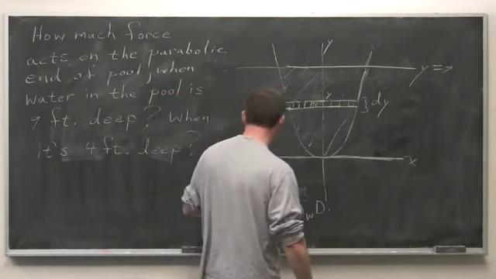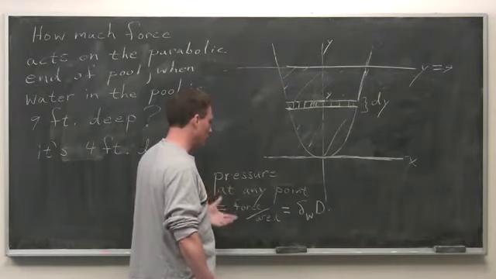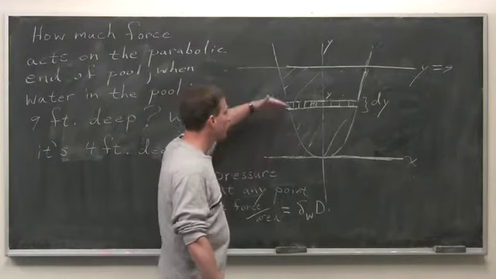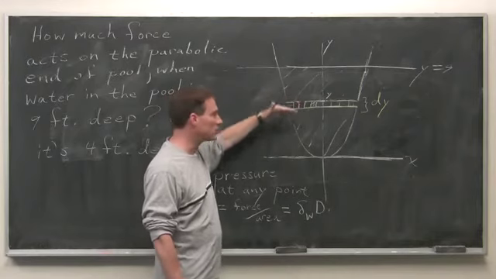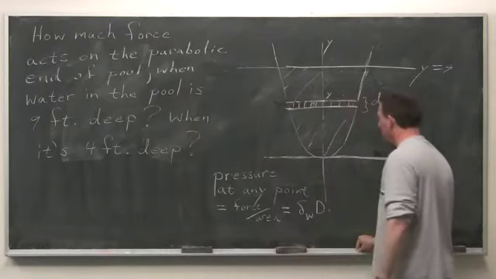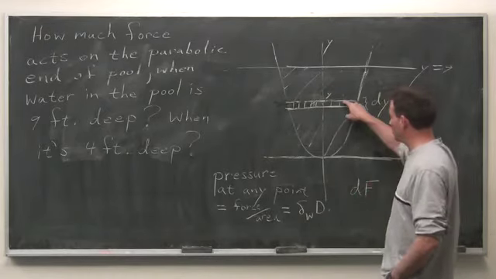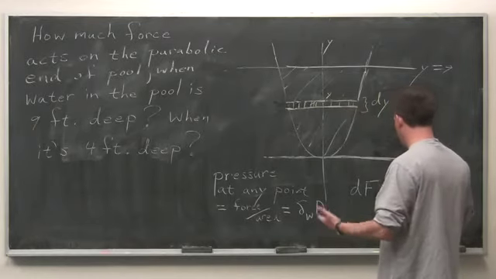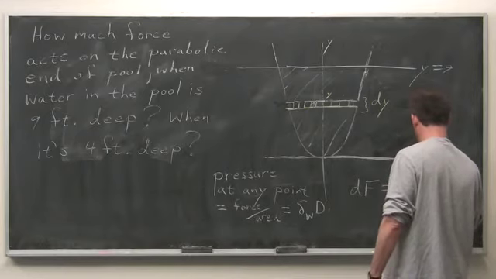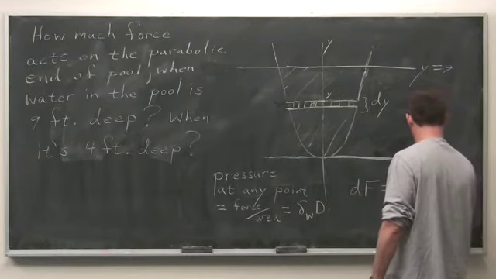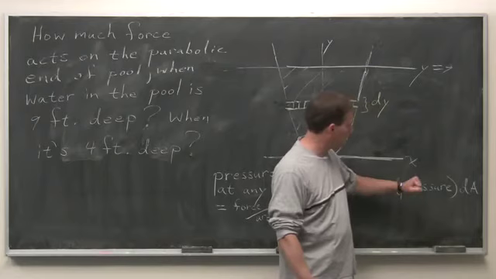So what do you get then? We're going to take the pressure, multiply times the infinitesimal area, and we'll get the infinitesimal amount of force due to the hydrostatic pressure that acts on this strip. So what we're getting is that the infinitesimal force due to that strip is the pressure, which is force per area, times the infinitesimal area.